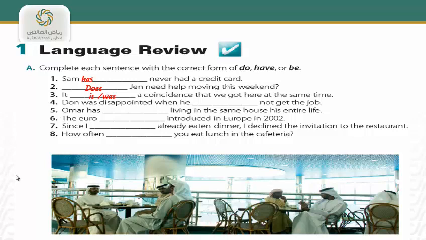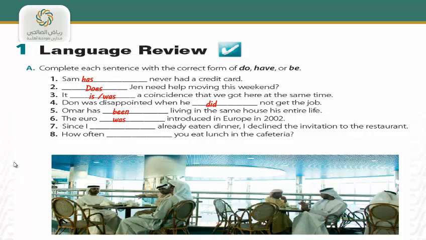It is or it was a coincidence that we got here at the same time. It goes with both tenses. Don was disappointed when he did not get the job. Past simple. Umar has been living in the same house his entire life.